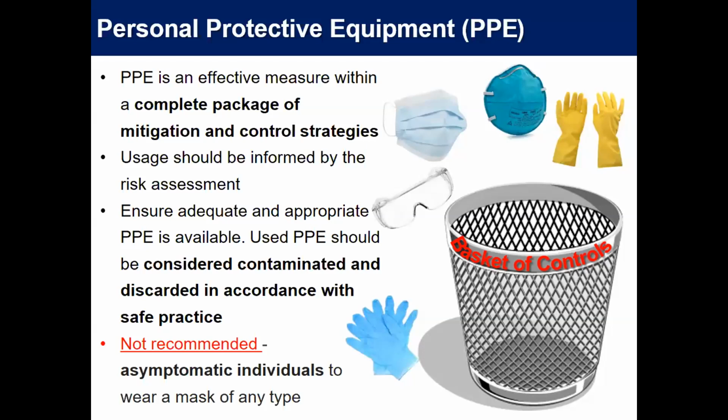It is not recommended for asymptomatic individuals, although we've been hearing some talk about the WHO reviewing their position on who should be wearing masks. This is still to be confirmed, and so for now, this is what the recommendation is. So now that you have your whole basket of controls, it's important to know which to use, when to use, and how to use it.